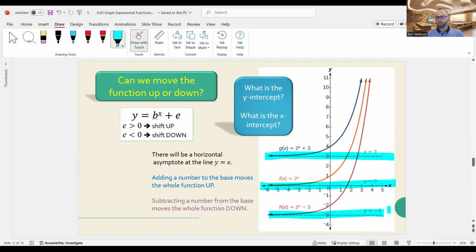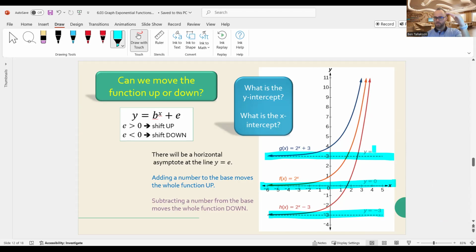If you look at that blue, orange, and red line, they're moving up and down, right? We're not stretching them right now. So when you're thinking vertical shifts, imagine it is like a metal rod and you're holding it and you're just moving it up or moving it down. Okay? So this is where the terminology gets a little tricky. Stick with me.